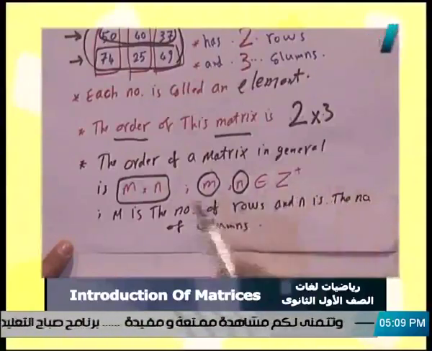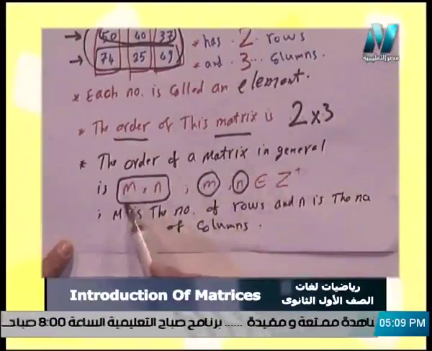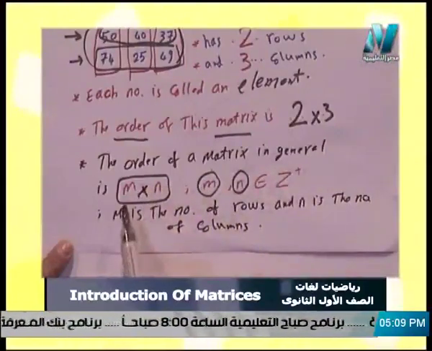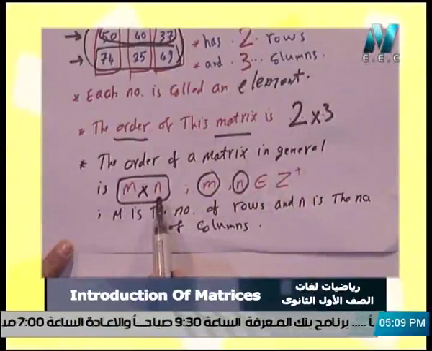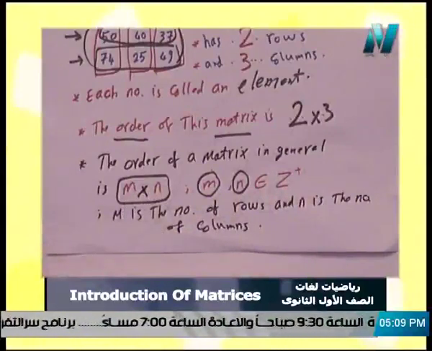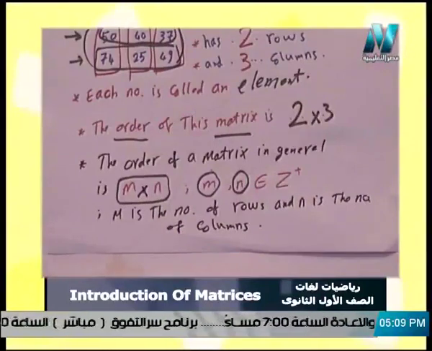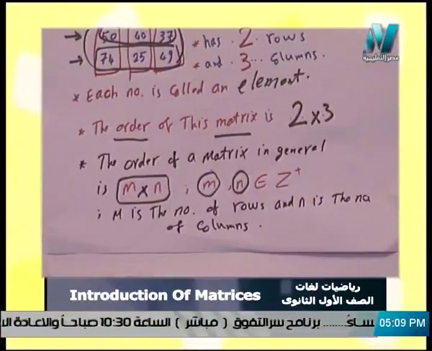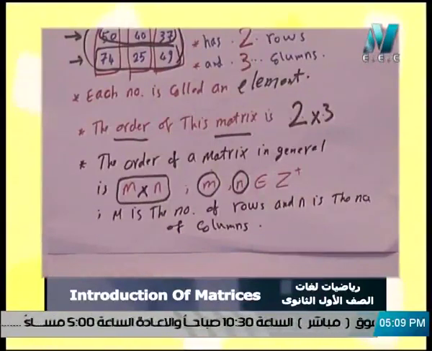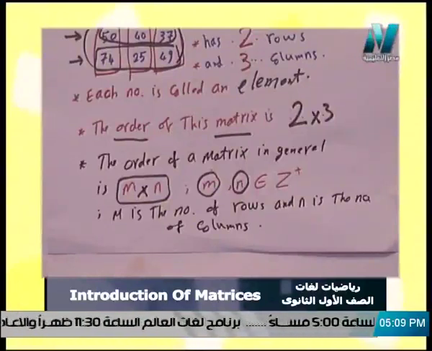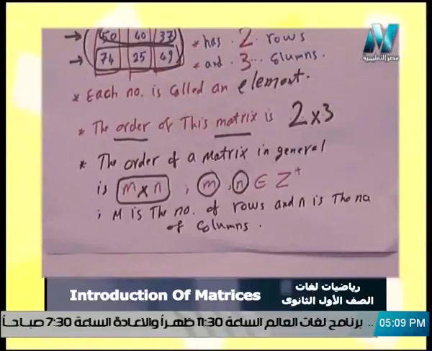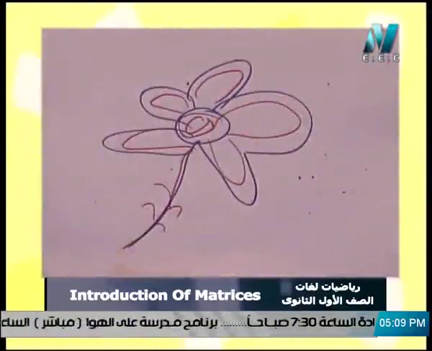So in general, the order of a matrix equals m by n, such that m is the number of rows and n is the number of columns. Okay, let's move, my dear students, to the next example.